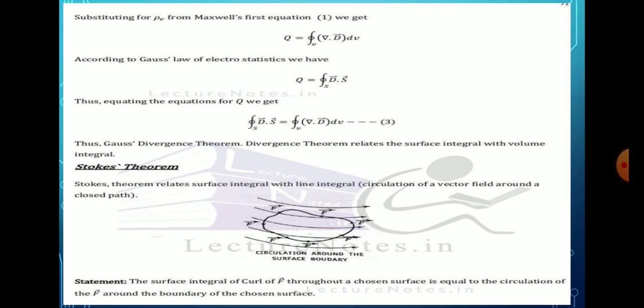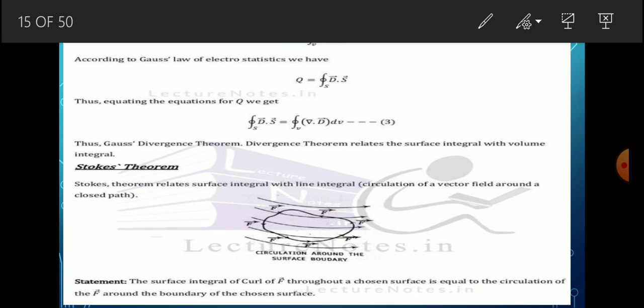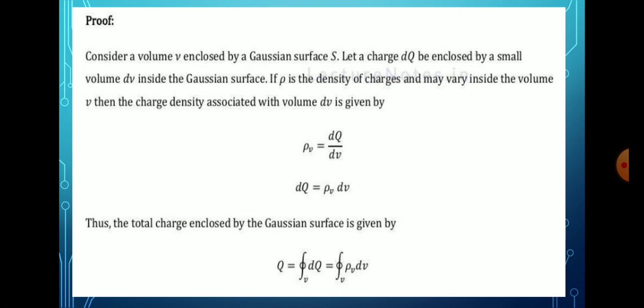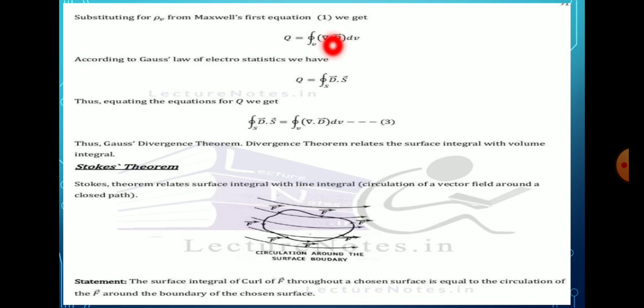Then substitute for rho of V from Maxwell's equation 1. The rho of V value from Maxwell's equation is del dot D bar. That value we put where rho of V is present. Then we get Q is equal to the closed integration over volume V of del dot D bar into dV.